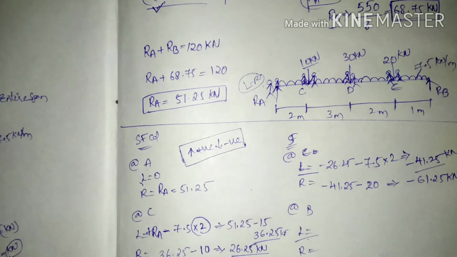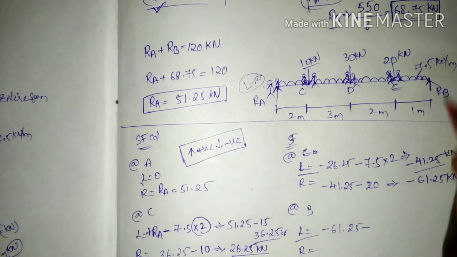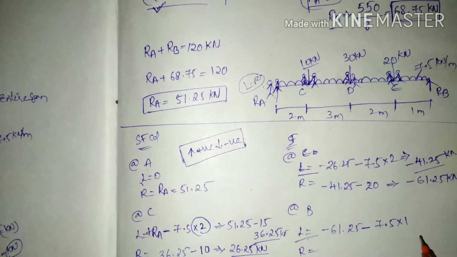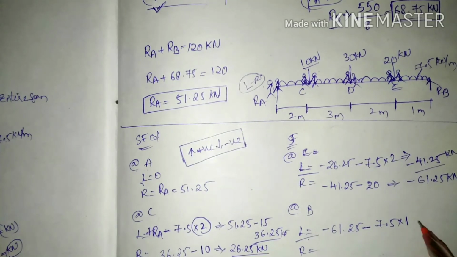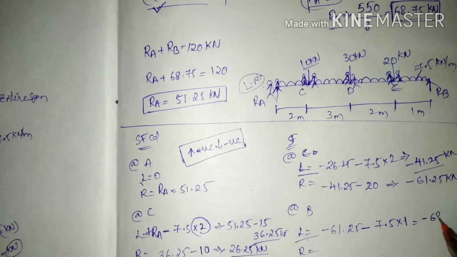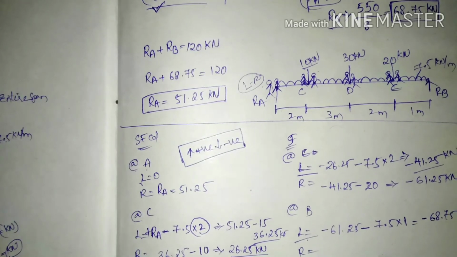Thereafter, moving on to the B, for the left of the B we are having a UDL from E to B. For the right of the E we are having minus 61.25. For the left of the B we are having 7.5 into the distance of 1 meter from E to B, so multiplying with 1, the value will be minus 68.75 kilonewtons.